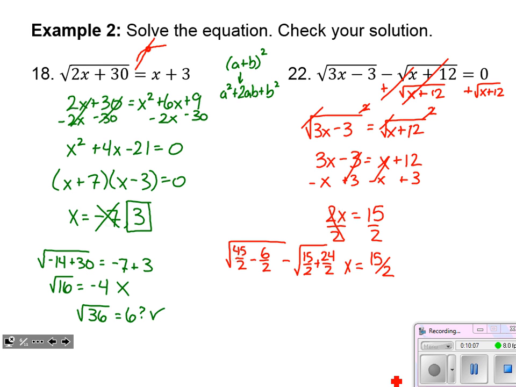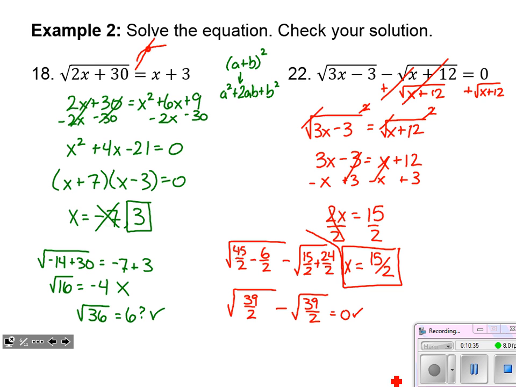I want that to total up to 0. So let's see, my first radical, 45 halves minus 6 halves, that's 39 halves, minus this radical, 39 halves. I'm taking a positive square root of 39 halves minus a square root of 39 halves. That is going to equal 0. So my answer checks out.